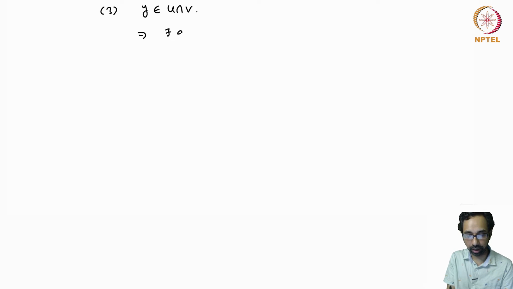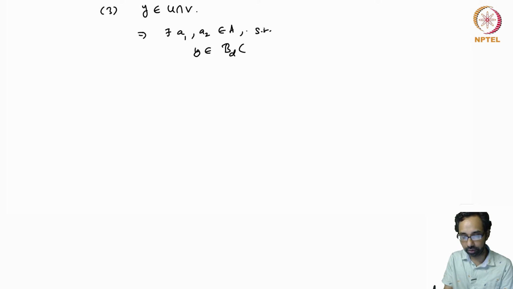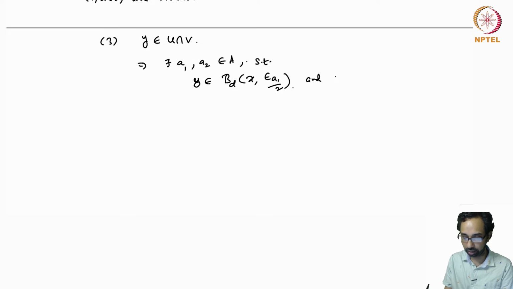This implies that there exist 2 points a1 and a2 in A such that, first of all, y belongs to the metric ball with center x and radius epsilon_a1 by 2, because if you remember that U is the union of all these metric balls here, and similarly you can find a metric ball here, and y also belongs to the metric ball with center a2 and radius epsilon_x by 2.